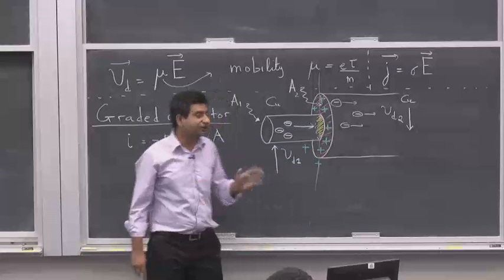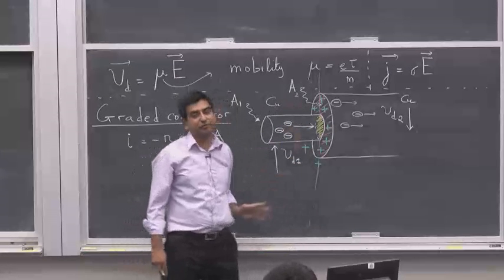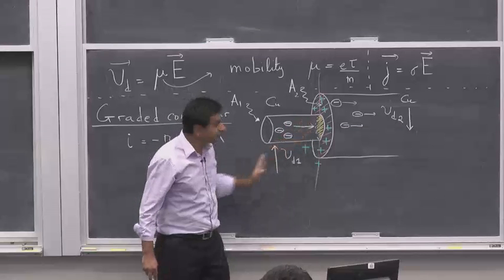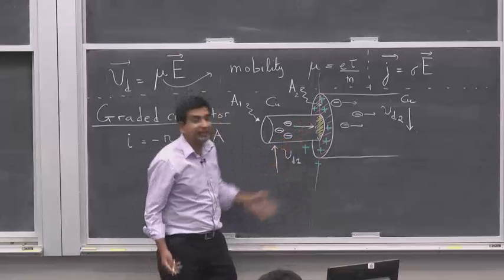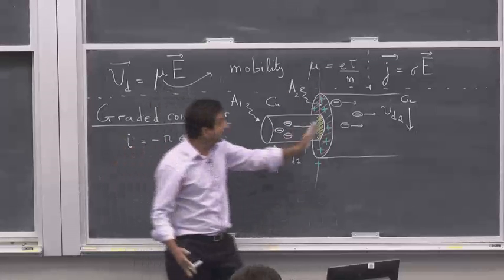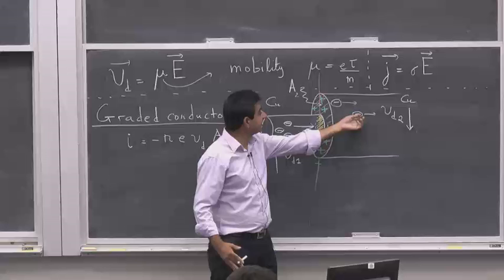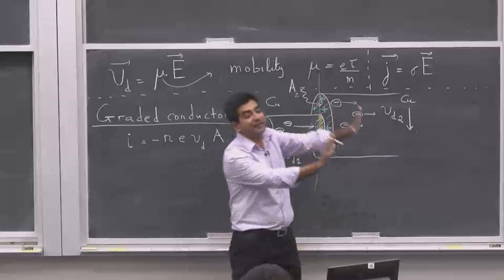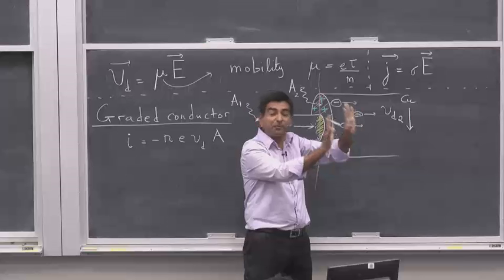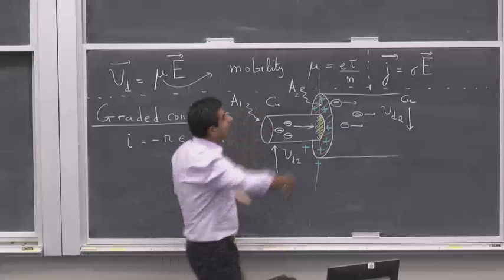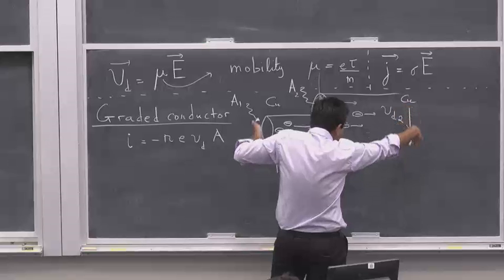When these drift velocities were the same, a positive surface started to develop. That positive surface facilitated this drift velocity, so these drift velocities increased because the electrons were attracted towards the positively charged surface. But this drift velocity decreases because these electrons are also attracted to the positively charged surface, and they will not rush away with the high speeds that were previously rushing away from it. So this drift velocity goes up, this drift velocity comes down.